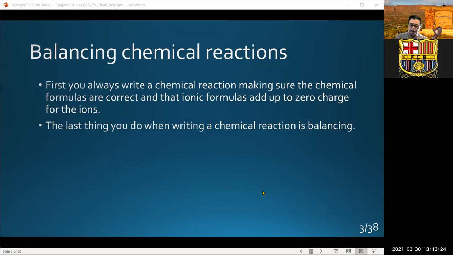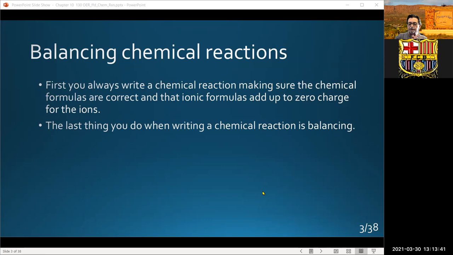That's balancing. If I have 10 carbons as reactants, I'm going to have 10 carbons as products. If I have 30 hydrogens as reactants, I need 30 hydrogens as products. And so that's what we're going to do about balancing it.